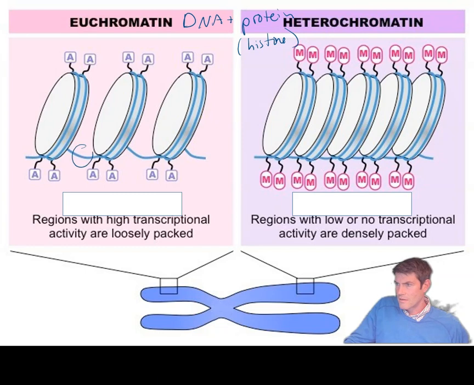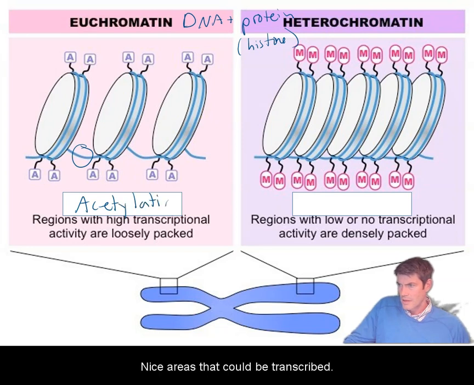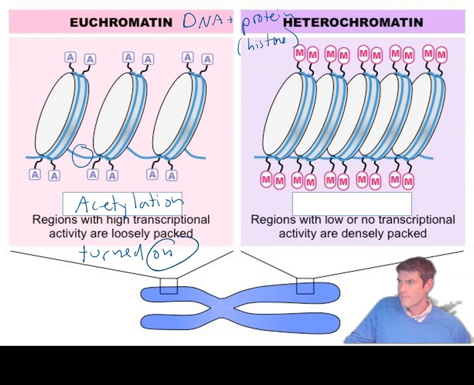We see these areas with a lot of acetylation, and that's areas that can be transcribed, basically turned on. And these areas with methylation, it's turned off.